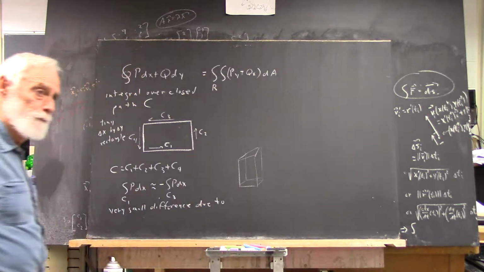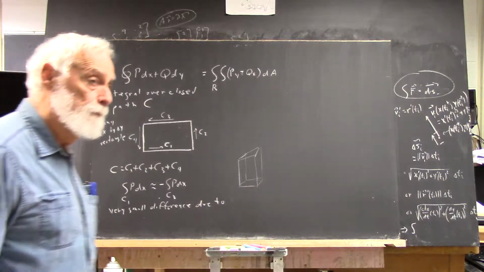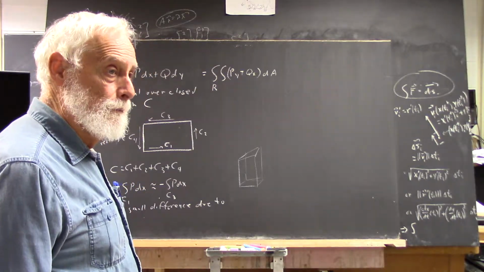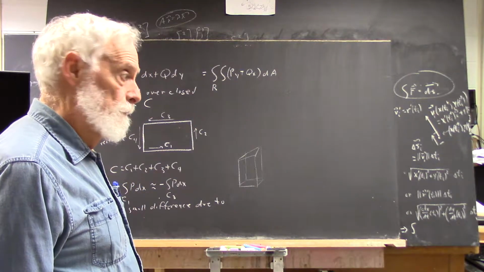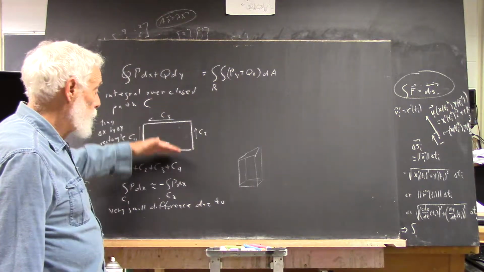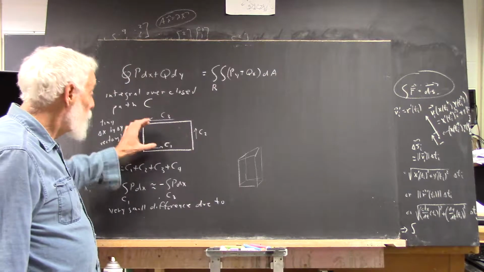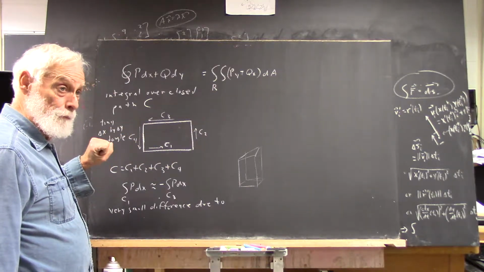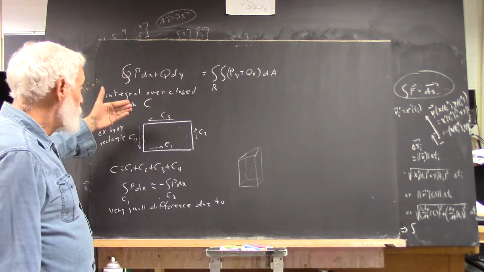Due to what? The change in the function value between the two paths. Yeah, there's a difference in the function values here and here. Tiny difference, but it's a difference. Okay? What does that difference depend on?